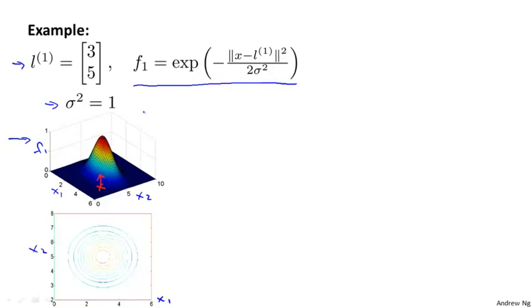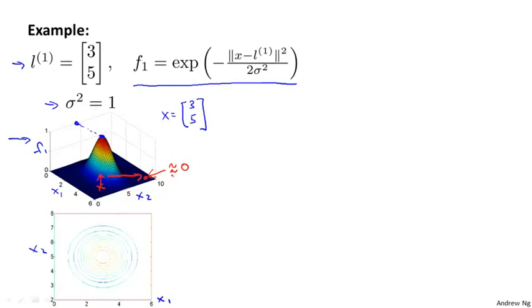You notice that when x is equal to (3, 5) exactly, then f1 takes on the value 1 because that's its maximum, and as x moves further away, this feature takes on values close to 0. So f1 measures how close x is to the first landmark, and it varies between 0 and 1 depending on how close x is to L1.